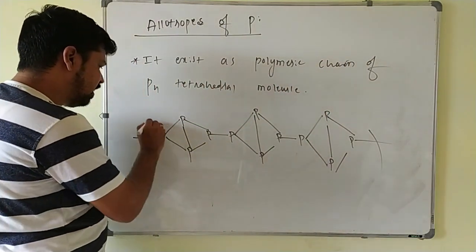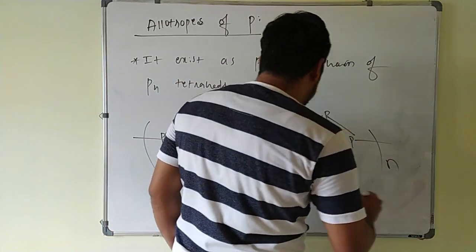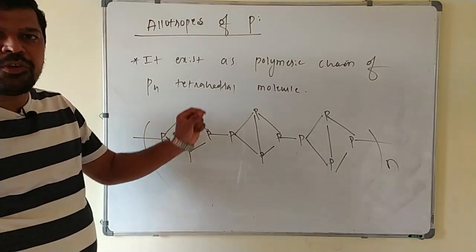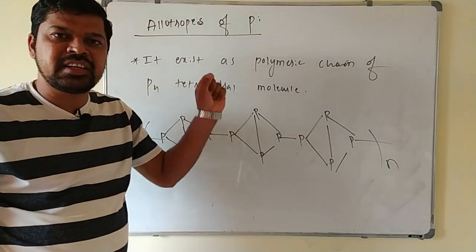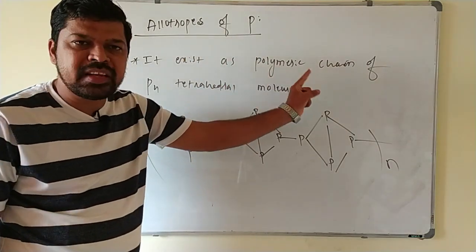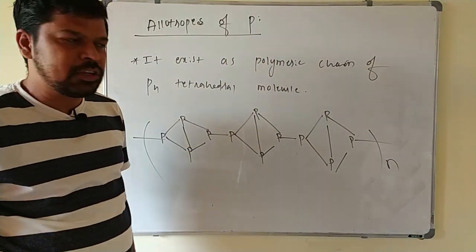This is the linear polymeric chain of red phosphorus. In this way that monomeric unit will continue. Always keep in mind, only white phosphorus exists as a discrete tetrahedral molecule, but red phosphorus exists as a polymeric chain of P4 tetrahedral molecules.